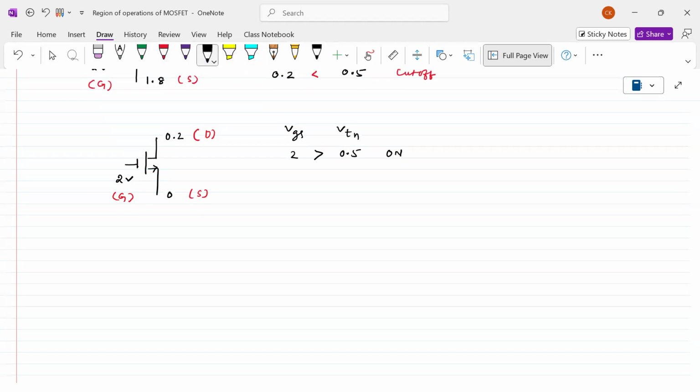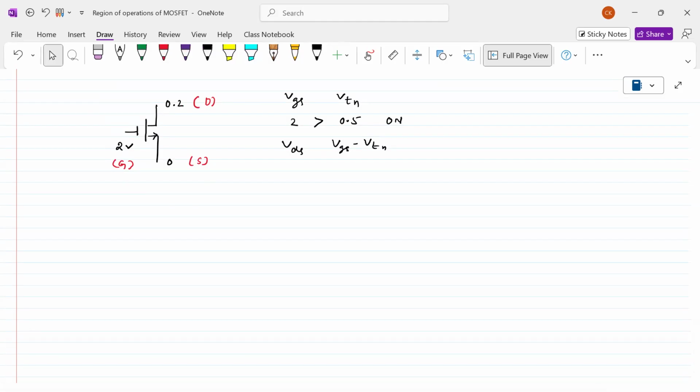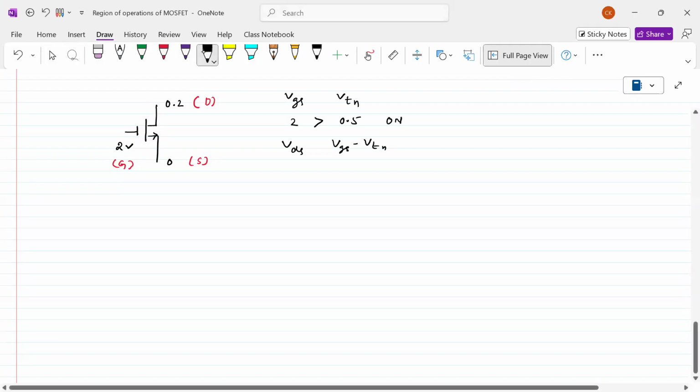Now what is our next step? Finding VDS and comparing it with VGS minus VTN. What is the VDS here?